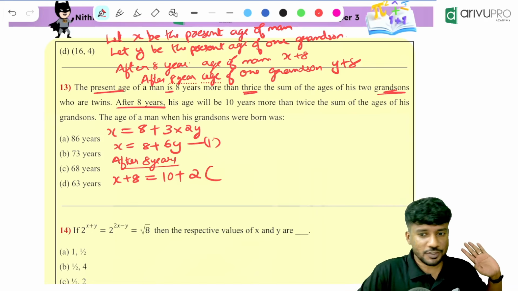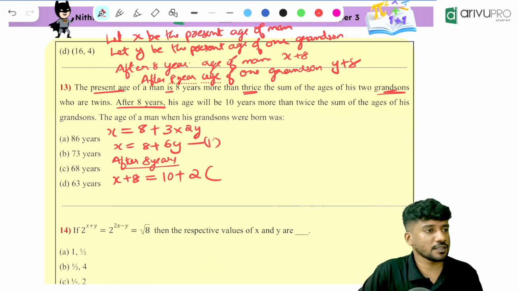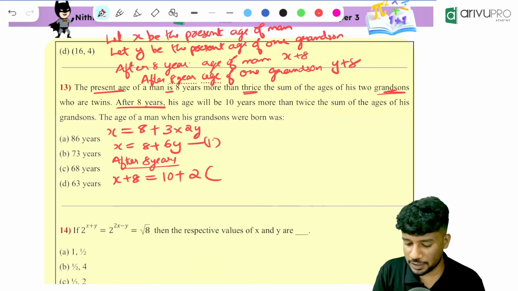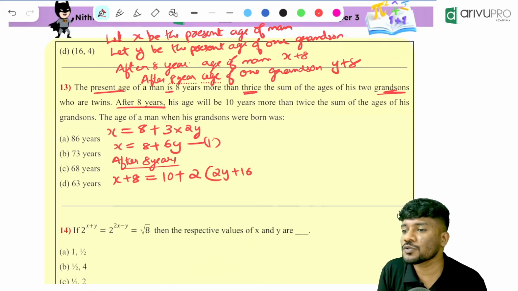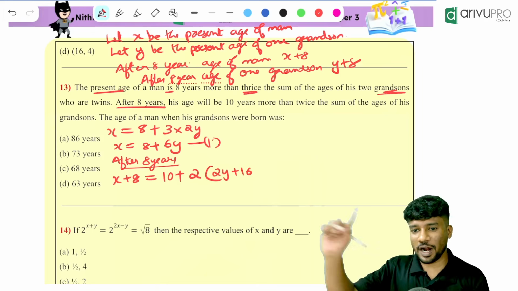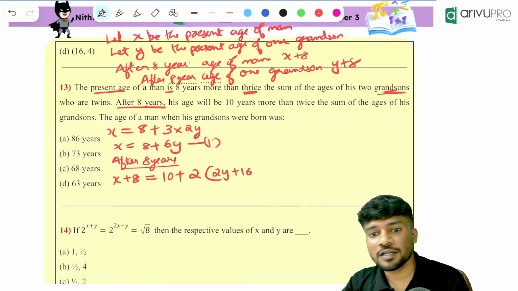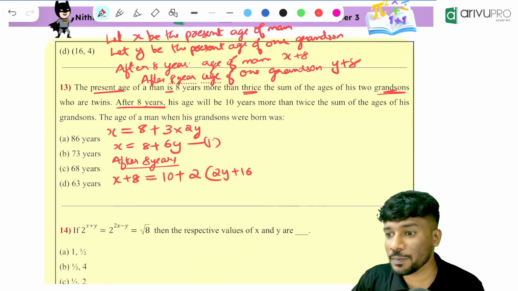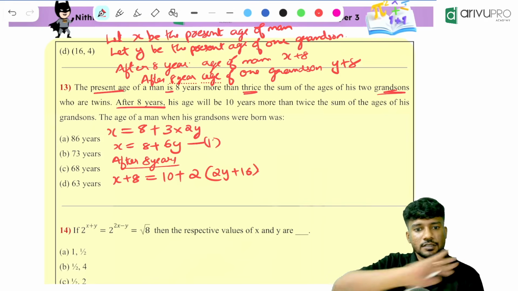Everyone understood that? Now you tell me the sum of the ages of two grandsons. It will be 2Y plus 16. Why 2Y plus 16? One grandson is Y plus 8, then the other grandson also will be Y plus 8. So the sum will be 2Y plus 16.